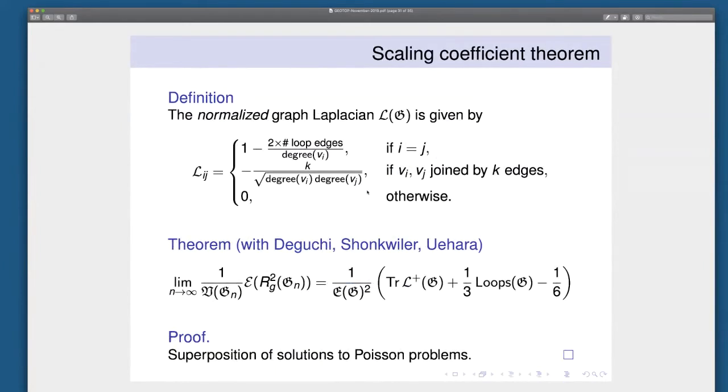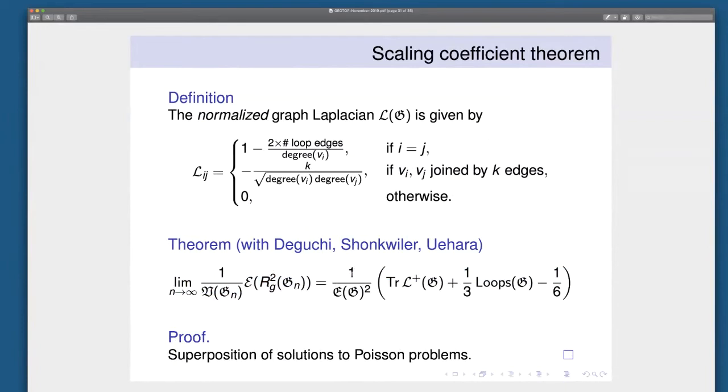And here's the interesting model. What you want to do is take the limit as n goes to infinity of the expectation of the radius of gyration squared of the subdivided graph. It turns out that the leading term is linear in the number of vertices in the subdivided graph, and that the leading coefficient, if you divide this expectation by the vertices, is given by this really pretty compact formula.